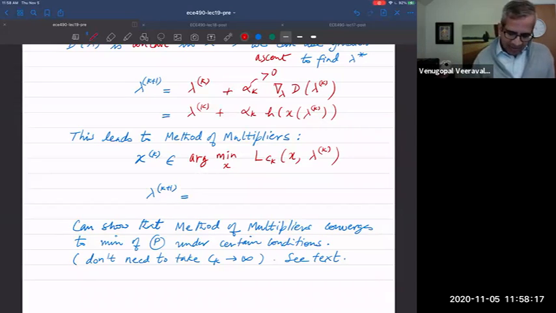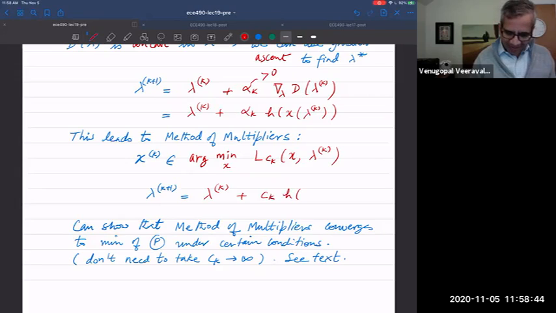And then to update your lambda for the next time step, you don't fix lambda, you update your lambda, because your goal is to try and, as k progresses, you'd like your lambda to get close to lambda star. So that's where you use this idea of gradient ascent with ck.